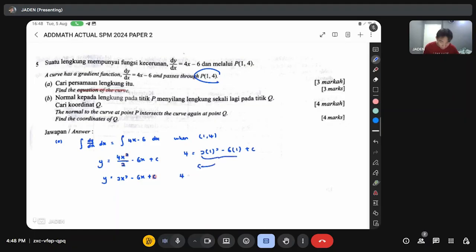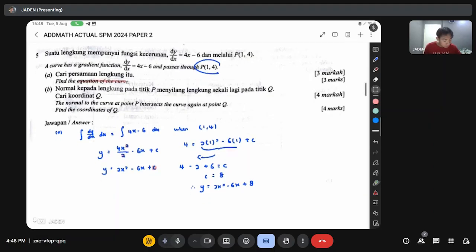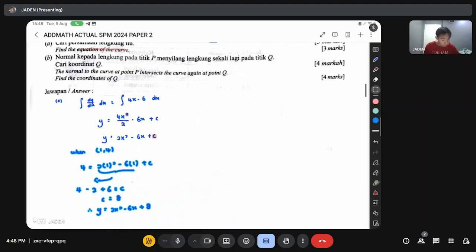This is 4 minus 2, and then plus 6, equals c. So c is 8. That means your curve equation is y equals 2x squared minus 6x plus 8, and that will be your equation of the curve.